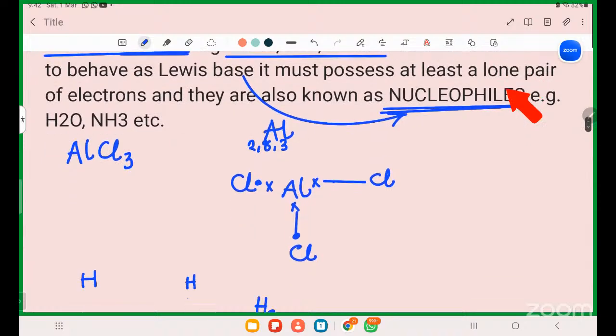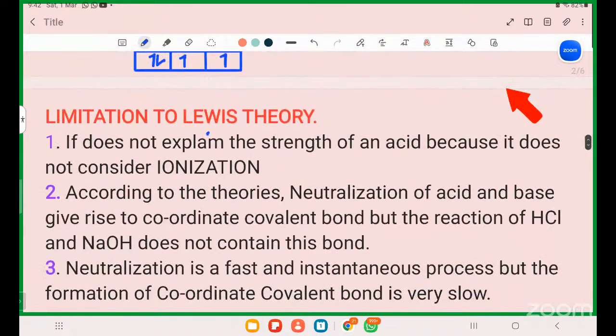Meaning when the Lewis acid and base react together, they give a product with a covalent bond instead of the traditional neutralization reaction, which is a reaction whereby an acid reacts with a base to form salt and water only.